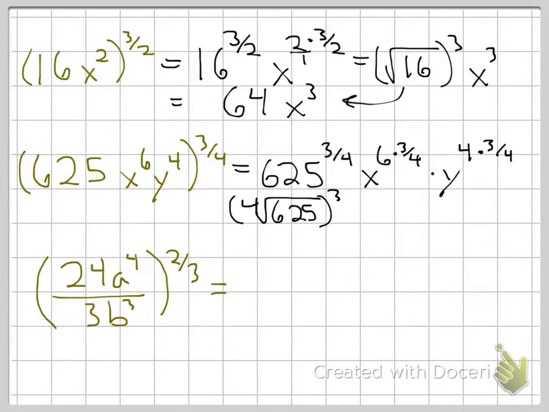I want to cube it. I want to take the fourth root first. What is the fourth root of 625? Perfect. That's 5. So you can just take that out, make that a 5, which then becomes 125. Okay? So that's taken care of.